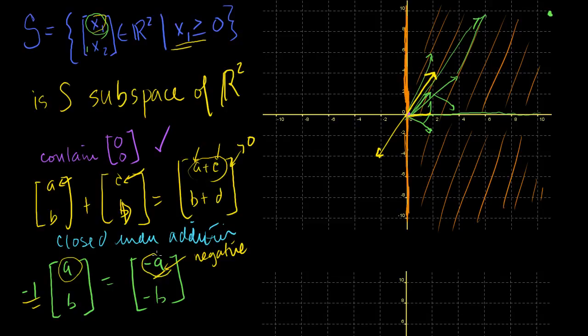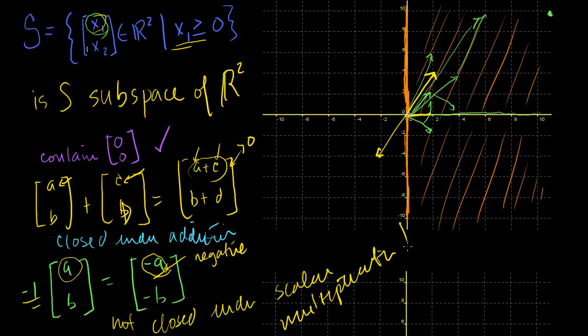This first component is less than 0. So this subset of R2 is not a subspace because it's not closed under scalar multiplication.